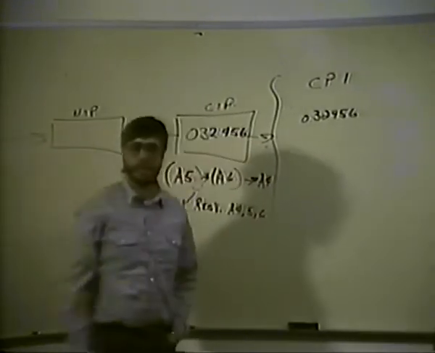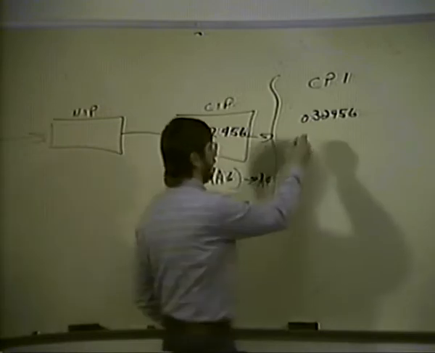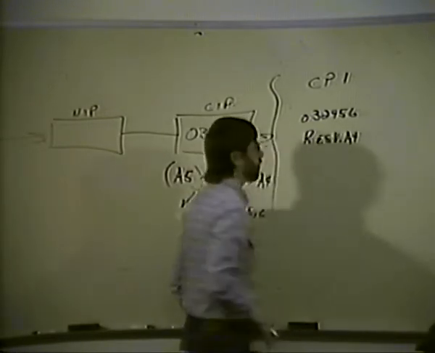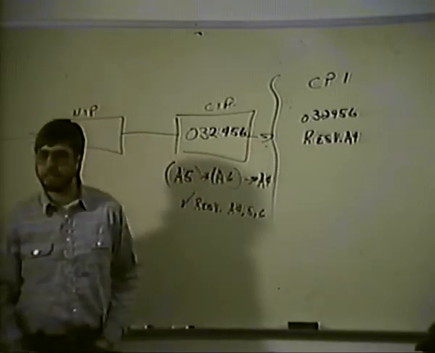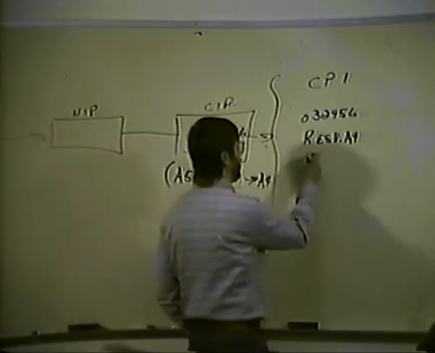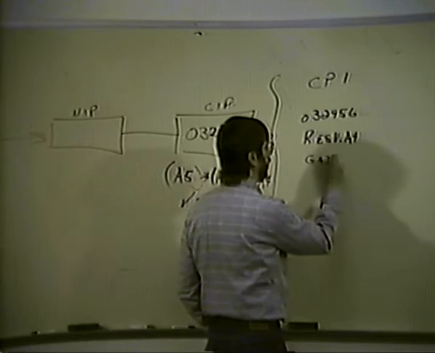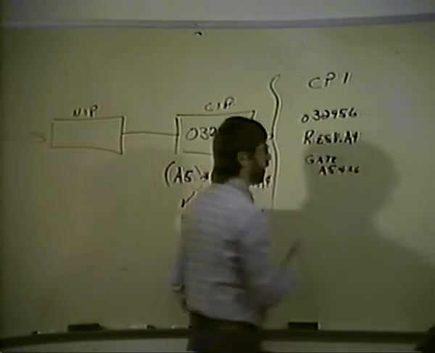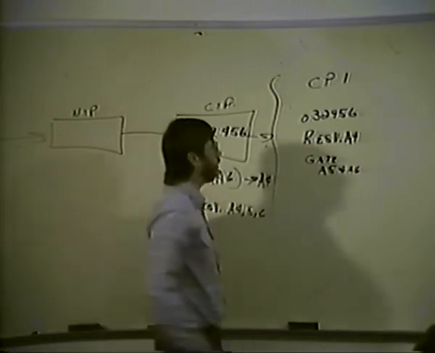When this moves to clock period 1, what do we reserve? At the same time we reserve A4, we gate A5 and A6's data. We gate it off to the readout register.